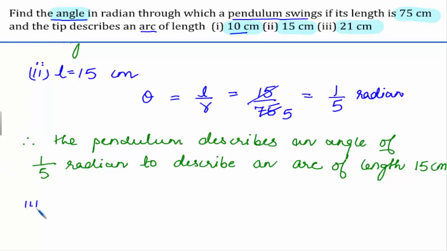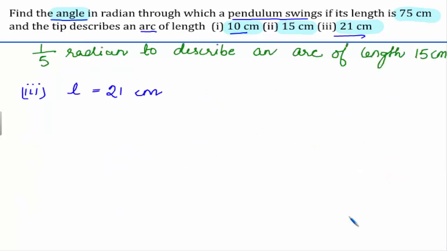Now proceeding on to the last part, where the arc is of length 21 centimeters. Let us suppose in this case that L is equal to 21 centimeters. We have to find theta, and theta is given by L divided by R. That is 21 divided by 75.